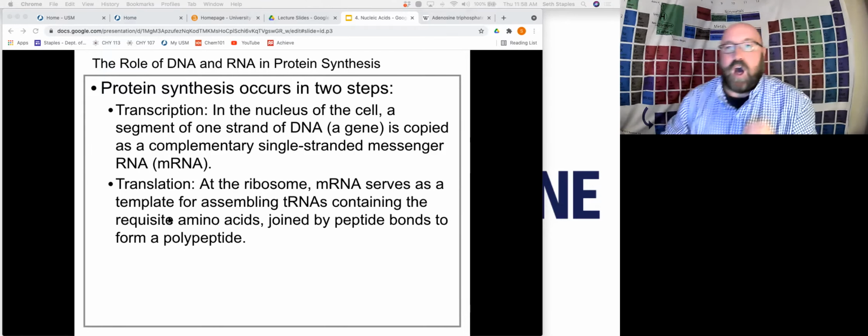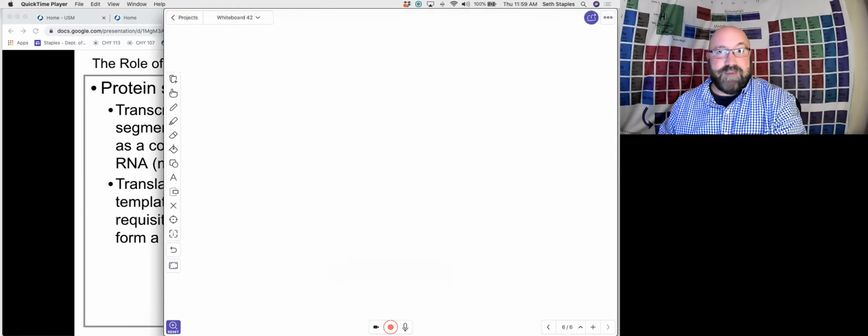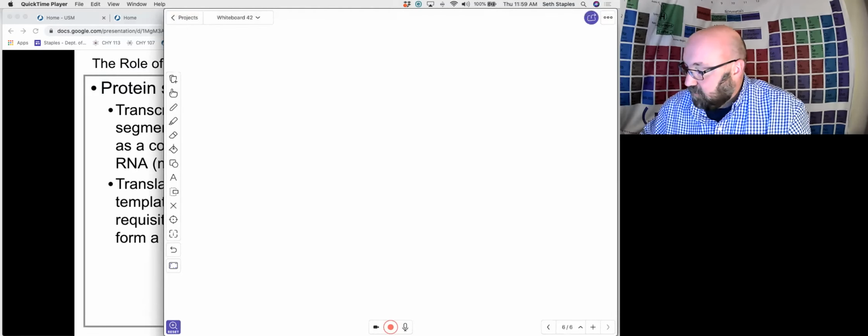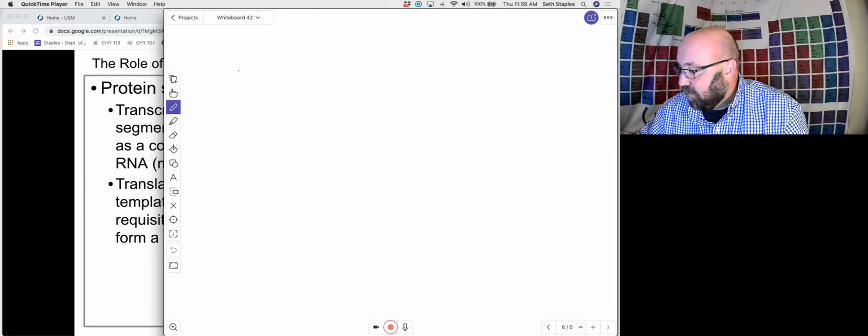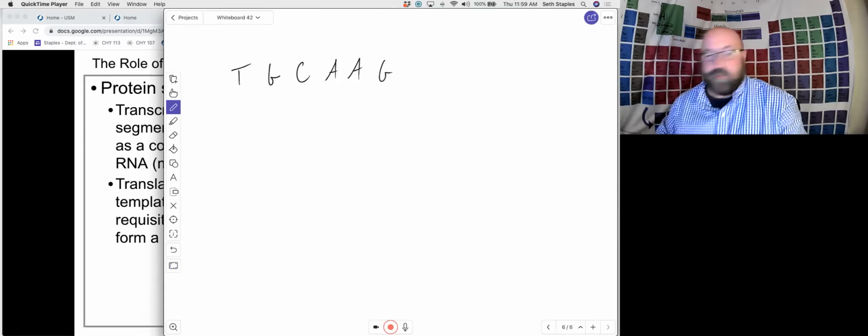And so when we say complementary, remember the structure of DNA, we have our nitrogenous bases, right? The order of nitrogenous bases might be a thymine, a guanine, a cytosine, an adenine, another guanine, and so forth.